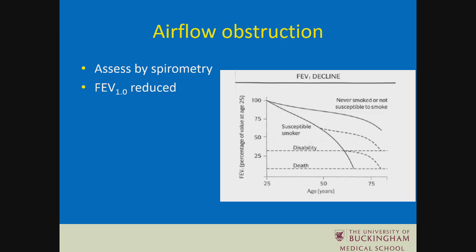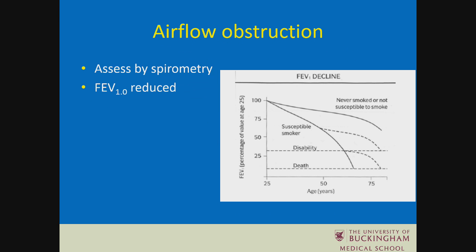How do we assess COPD? Simple test, simple, reliable. You can use it by the bedside, you can use it in clinic. Most of the equipment nowadays is miniaturized. I think it's quite wonderful if you know how to do a spirometry accurately and interpret it. And what the spirometry measures are two things.